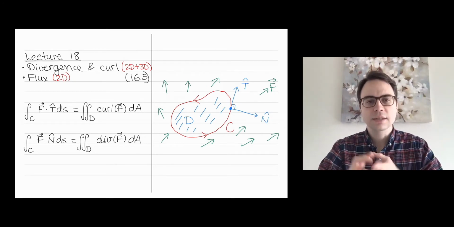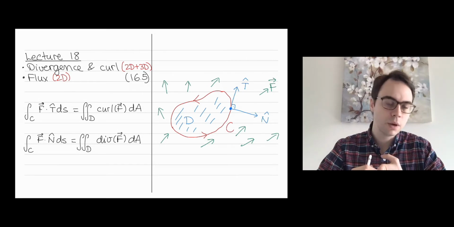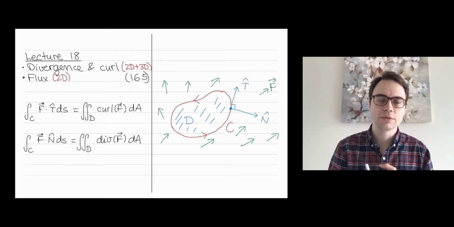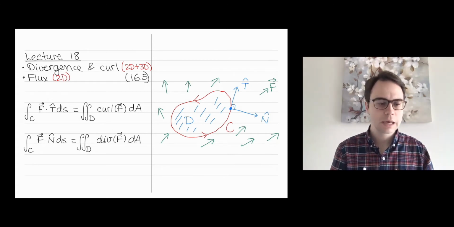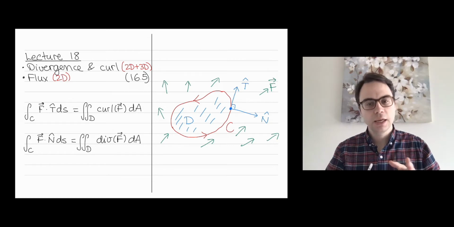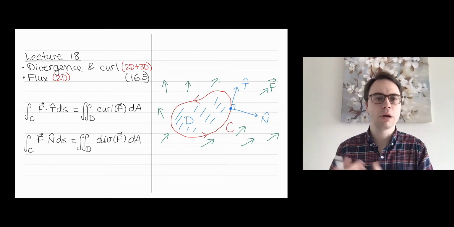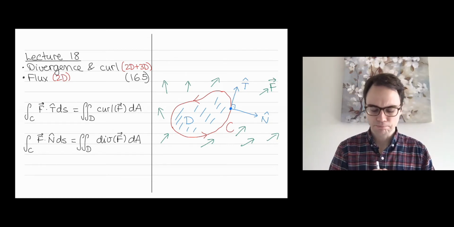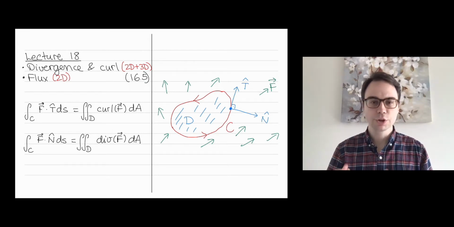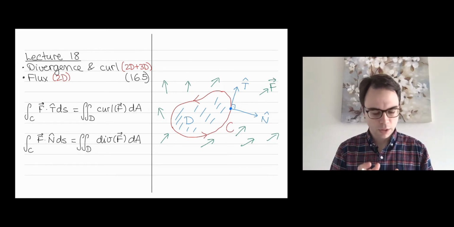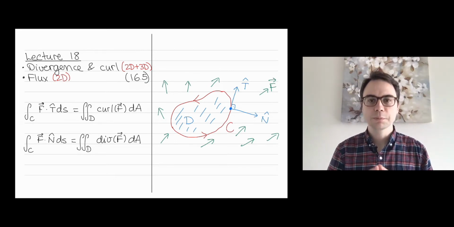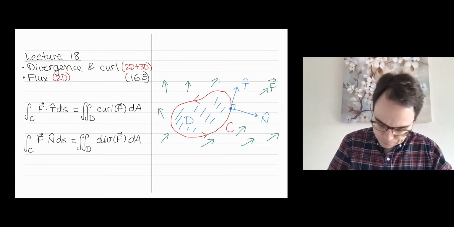I want to show you one example of using integrals and Green's theorem to compute the flux, and tell you about div and curl in 3D, and then give you a criterion for when a vector field is the gradient of a function or the curl of another vector field. All right, let's get to it.